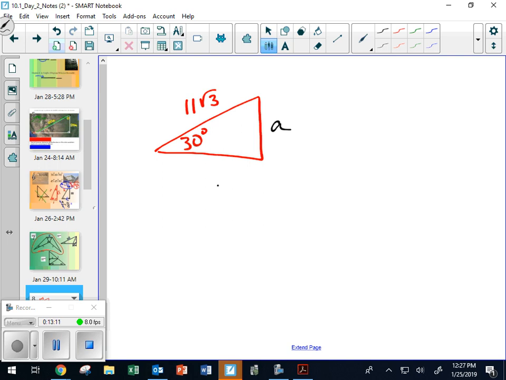What do I have from the angle 30? I have the opposite and I have the hypotenuse. So couldn't I say sine of 30 is equal to A over 11 root 3? If that's not easy for you, we need to get it so it is easy for you. And then you can still use your little helper triangle, but you use it in a different way.